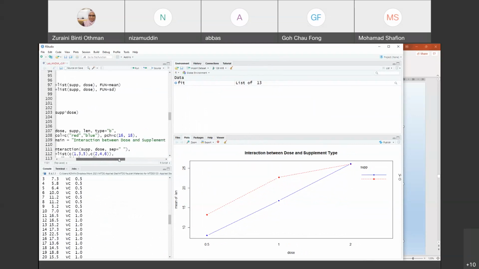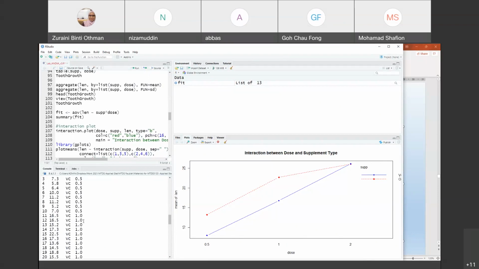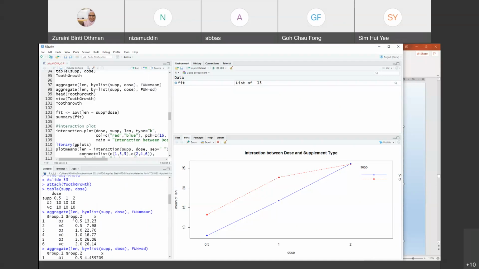Then you can see, this is the length, for example 4.2 for vitamin C at 0.5. This is the mean. We can see it from the mean in the aggregate data just now.